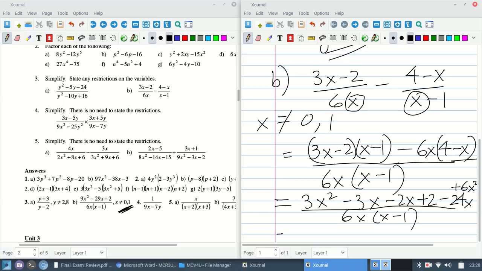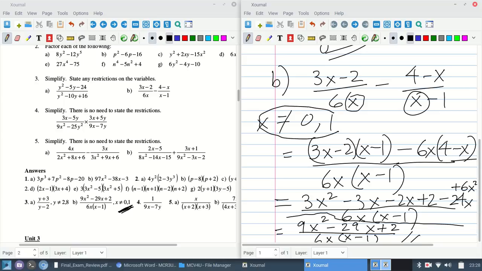So that's negative 29x. This is 3x squared plus 6x squared, that's 9x squared. So minus 29x, and we got a plus 2, all over 6x times x minus 1. So this is our answer. Done. And these are our restrictions that we got.